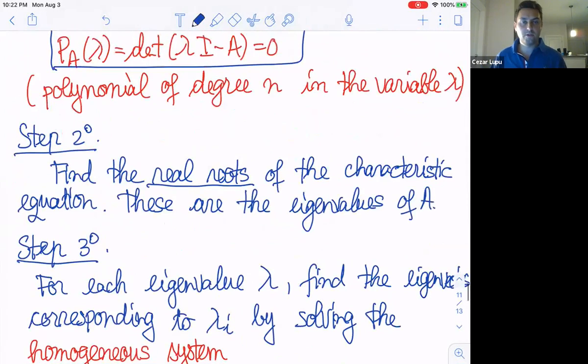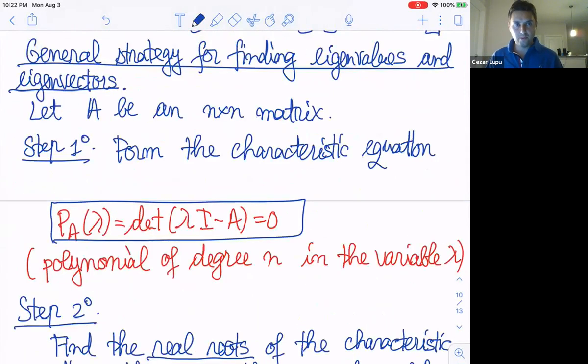Now keep in mind that I want to go back to the general strategy for finding eigenvalues and eigenvectors.